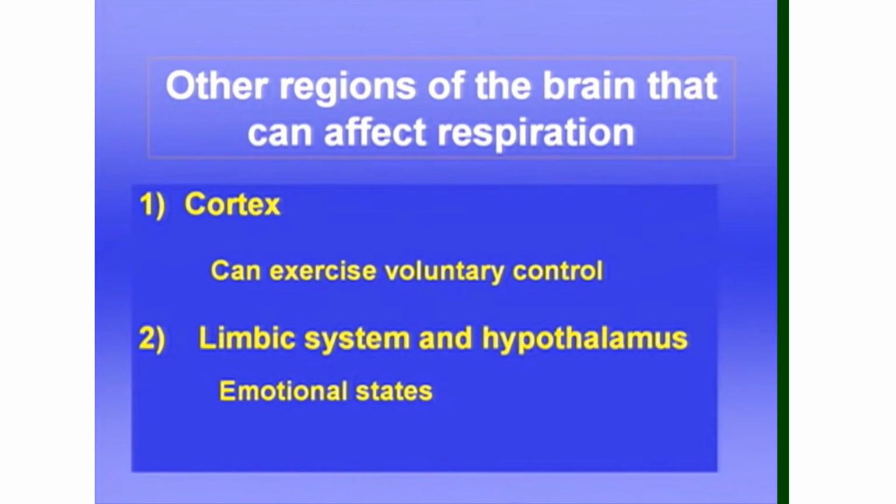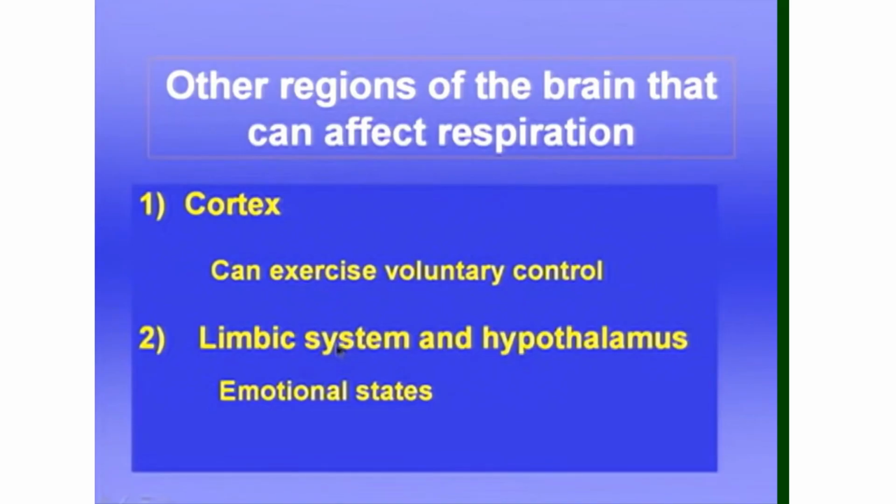Hyperventilation is very effective in changing gas exchange. Hypoventilation, for example, breath holding, is much more difficult. Although there are some of these divers who go down to great depths now, breath hold diving, and they can hold their breath for many minutes. So under some conditions, humans can control their hypoventilation as well as their hyperventilation.